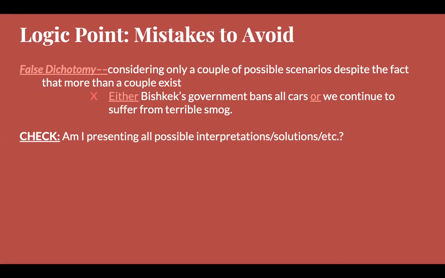So as you're reading, you might do a check, think, am I presenting all possible interpretations or solutions? And is this really an either or scenario, right? So I think these are really key words. In the example that I used, there's an either or, right? So think about whether you're really getting a complete picture of what you're talking about.